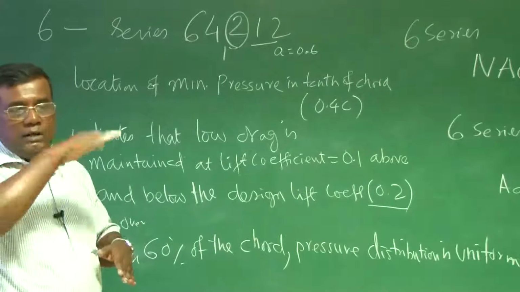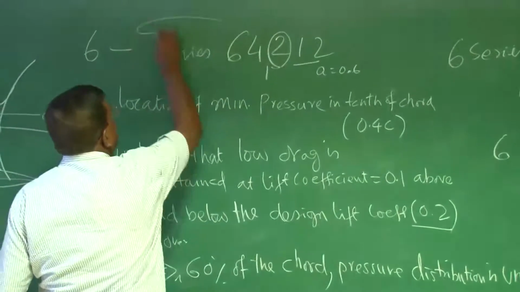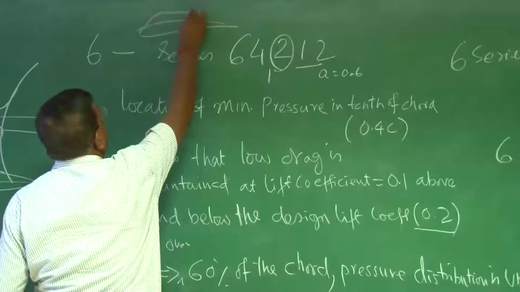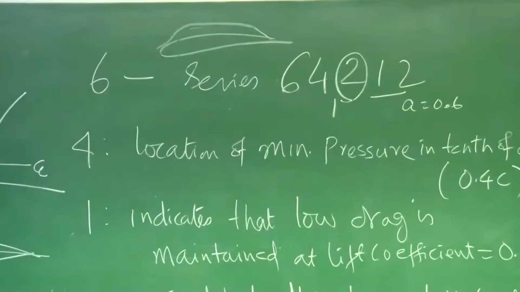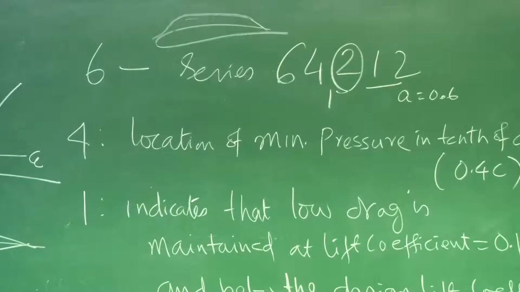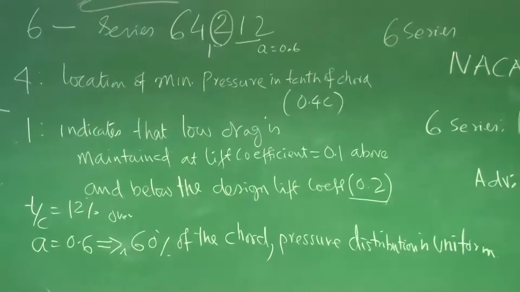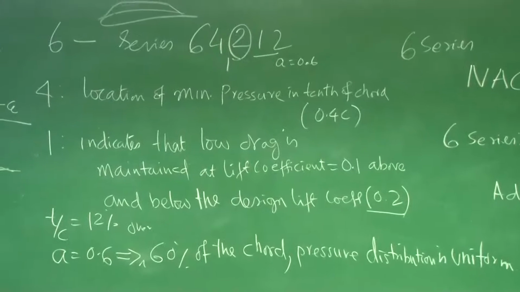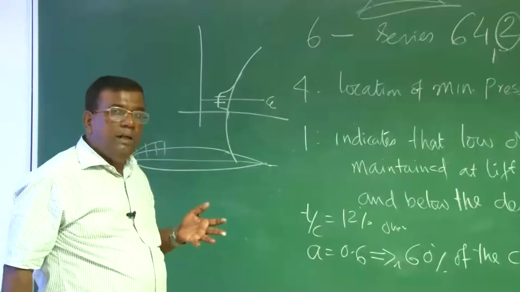It's not falling sharply. That is also important when you talk about minimizing drag or flow separation, stall, and all those things will be very clear when I talk about supercritical aerofoil.